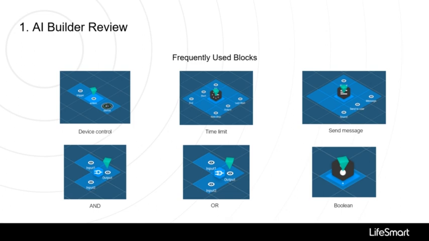And besides the device control block, there's a time limit block. With the time limit block, you will need to set a start time and an end time, and when the actual time is within this time period, it will trigger an output on the other side, and you can use the output to trigger devices.